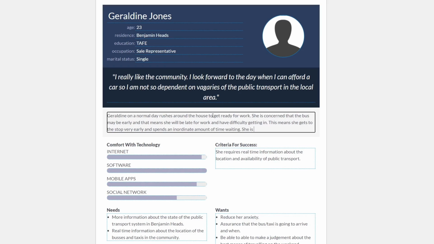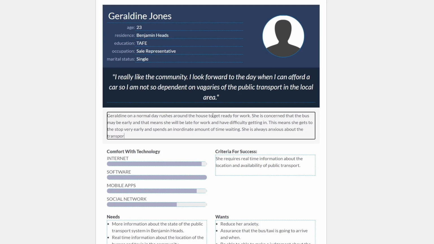She's always anxious about the transport situation and really wants assurance of its reliability and current real-time status.